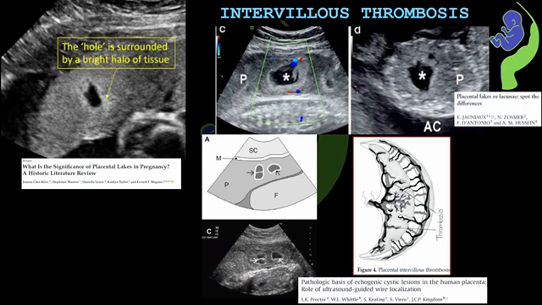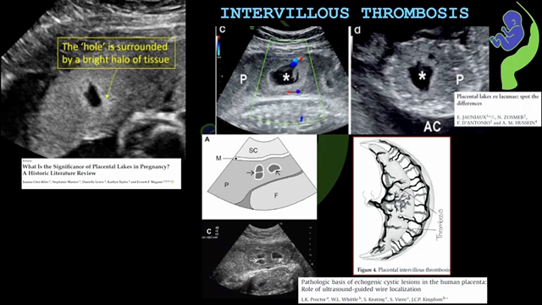This fibrin deposition will also give rise to an echogenic rim or a shell around this thrombus. If they are small and few in number, they are not of much clinical significance. But if they are multiple and extensive, then this will require close monitoring for adverse outcomes like fetal growth restriction or preeclampsia, similar to other cases.